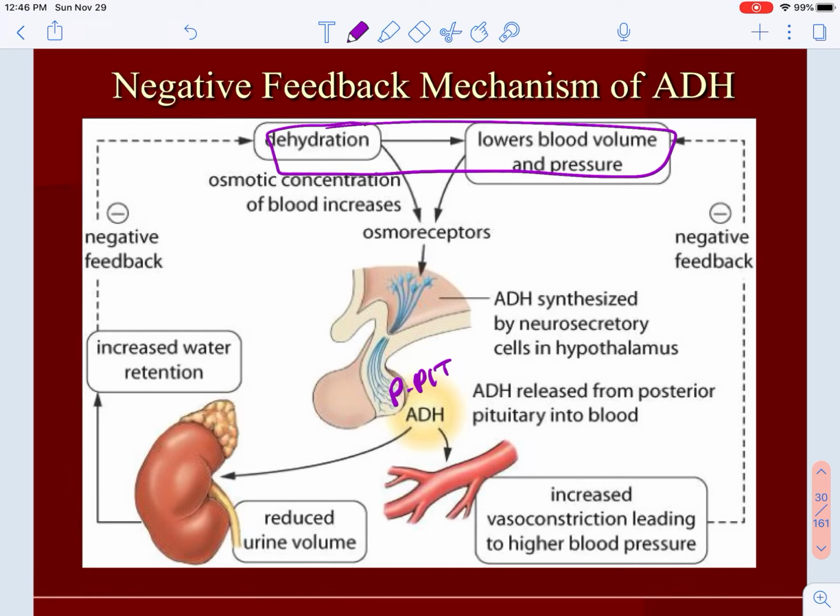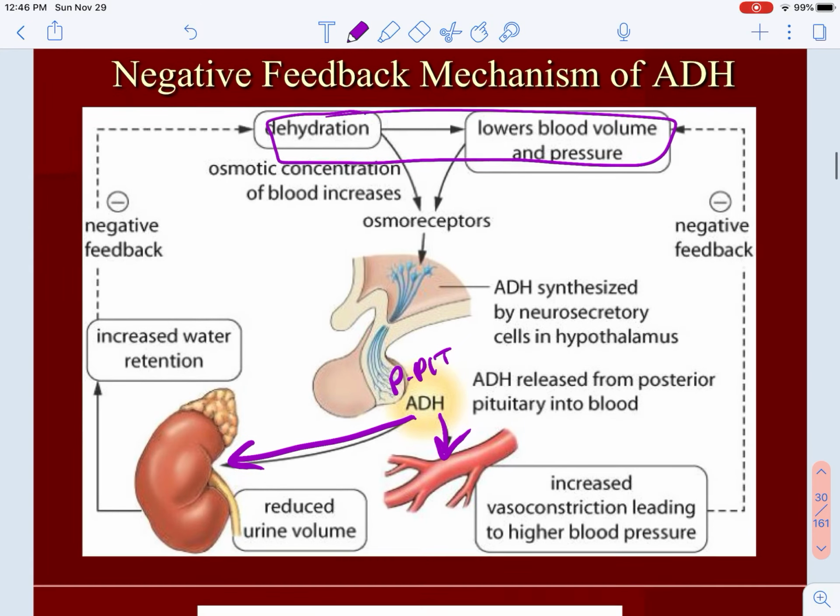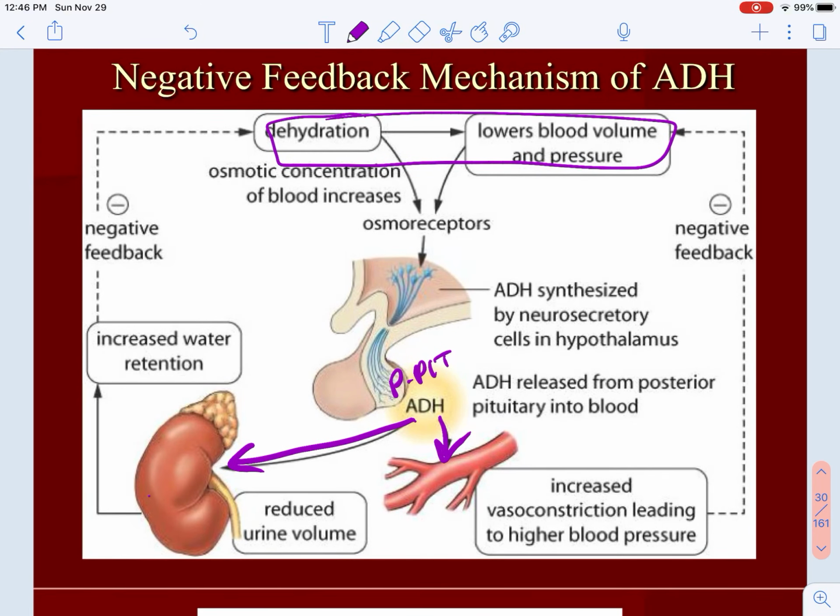And the two things they mention here is that we have water reabsorption, but we also have vasoconstriction, so that the vessels do constrict a bit, so that that blood pressure doesn't go down, because the blood pressure is keeping that blood circulating and doing its nutrient and gas exchange. When the job is done, you can see that there's a negative feedback that will happen.